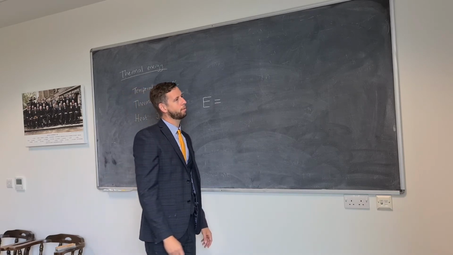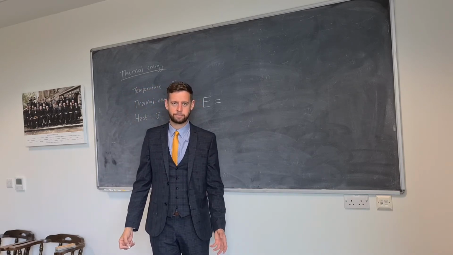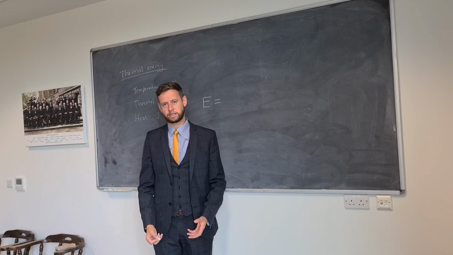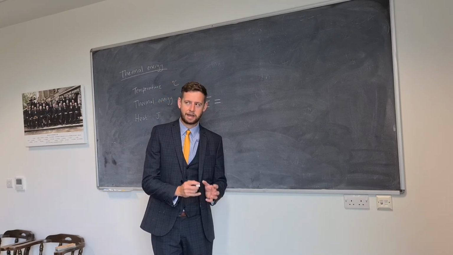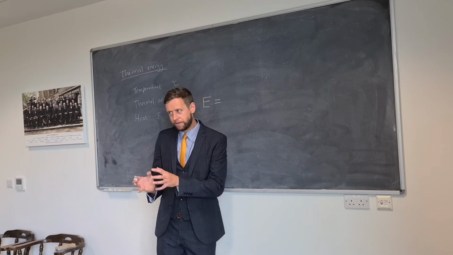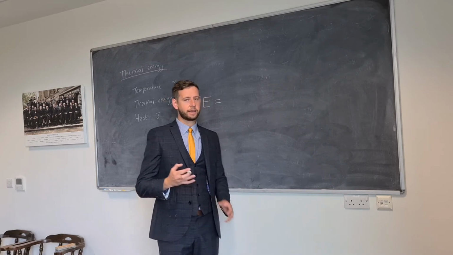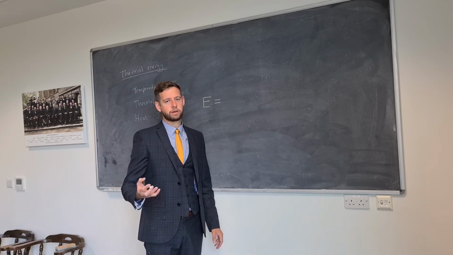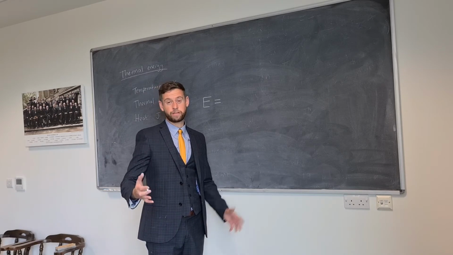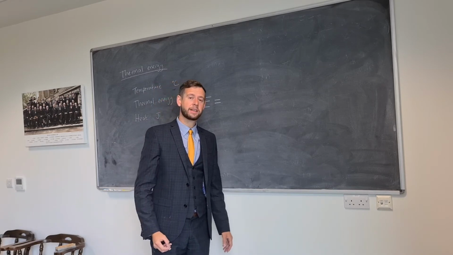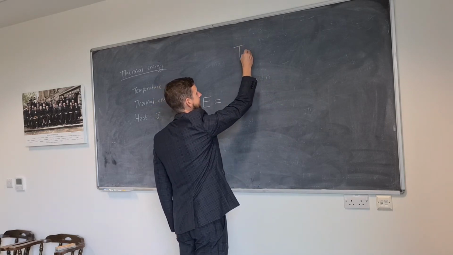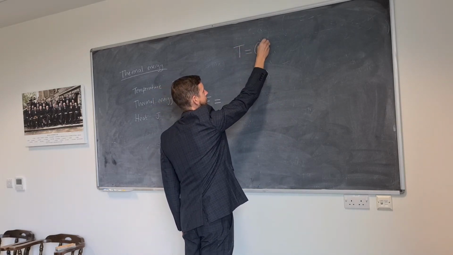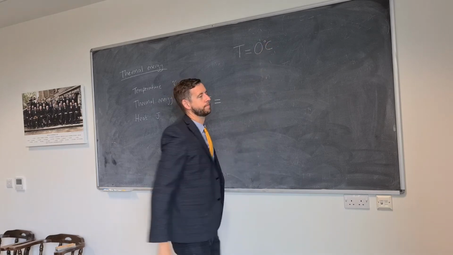Now, what symbol do we use for temperature? Temperature is an interesting one. If I was talking very specifically about a very specific temperature, say the melting point of ice, or the freezing point of water, then I would represent it with a big capital T and say that it was equal to 0 degrees Celsius.